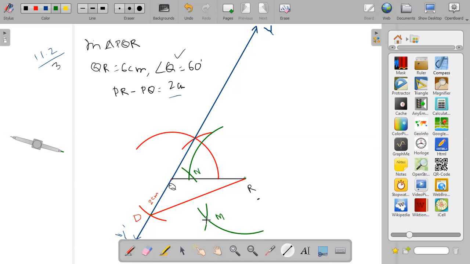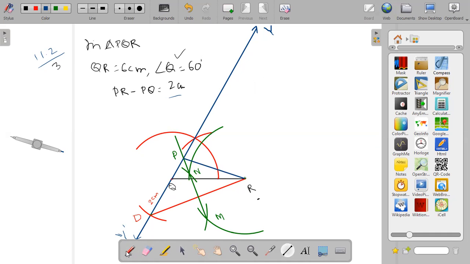From this point you will join, and wherever this intersects, that will be our P point. Okay, join PR.